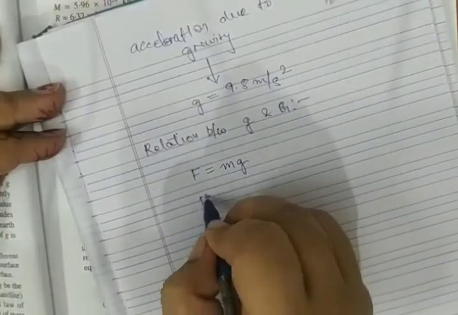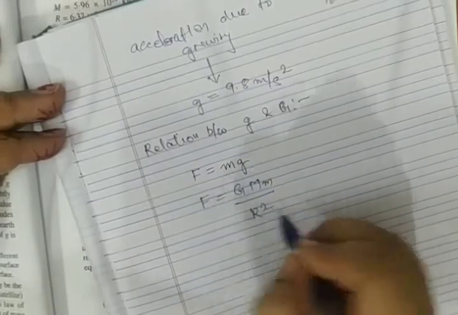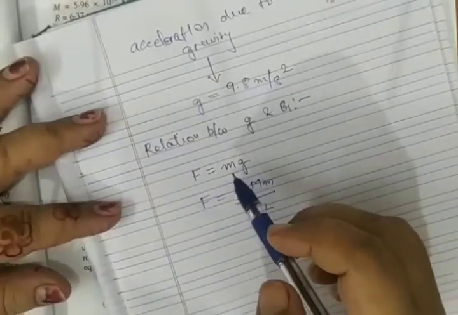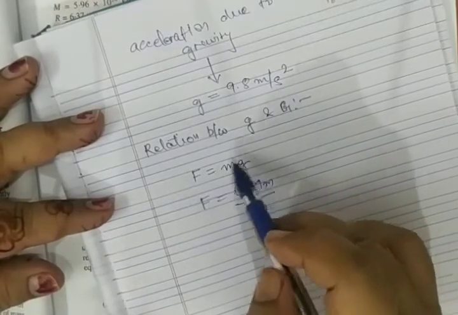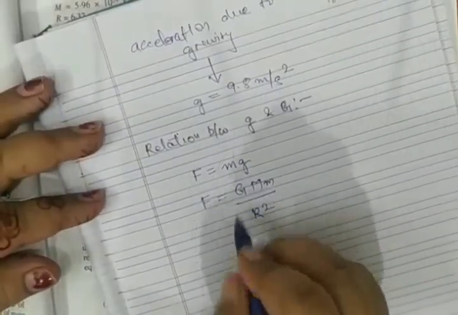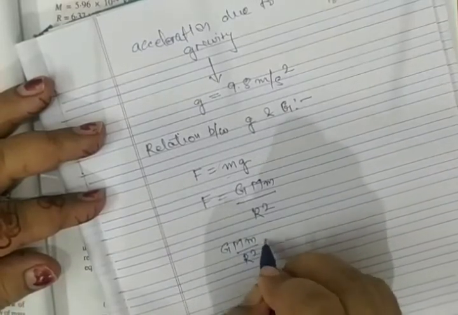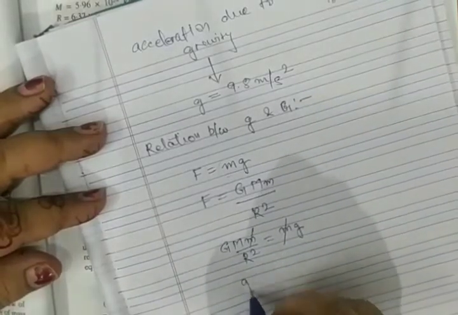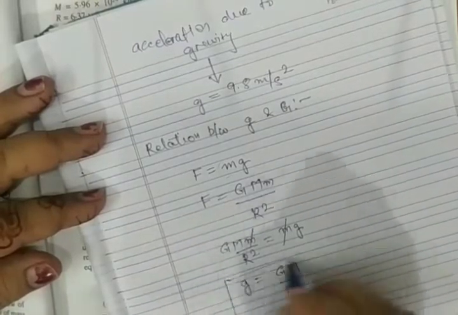Now you also know that F is equal to GMm upon r square, because there is a force of attraction between the earth and the object, and these two forces are the same, right? When a body is falling, the force acting on the body is given by mg, and the same force is given by this formula also. So from these two equations we can write GMm upon r square is equal to mg. This small m gets cancelled out, so small g becomes GM upon r square, right?